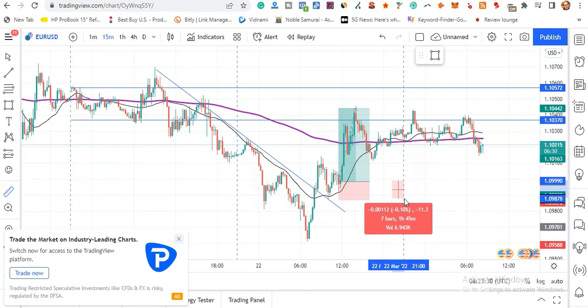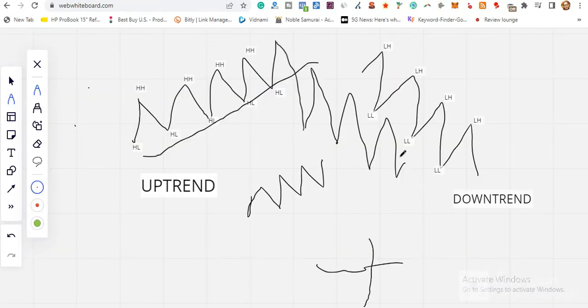I risked 12 pips to make 45 pips yesterday. That's how I trade. It's one of the strategies that I trade. As a beginner, it's very easy to master this trading pattern.